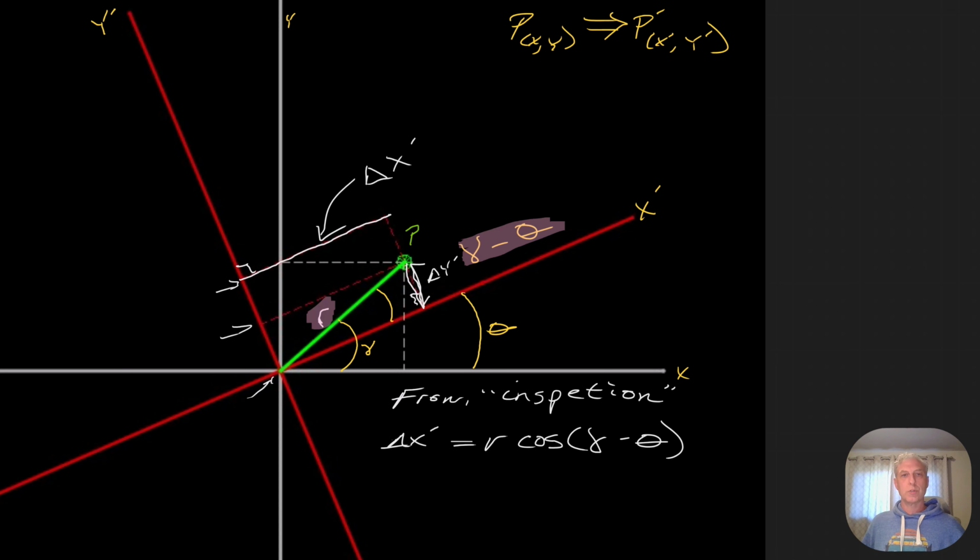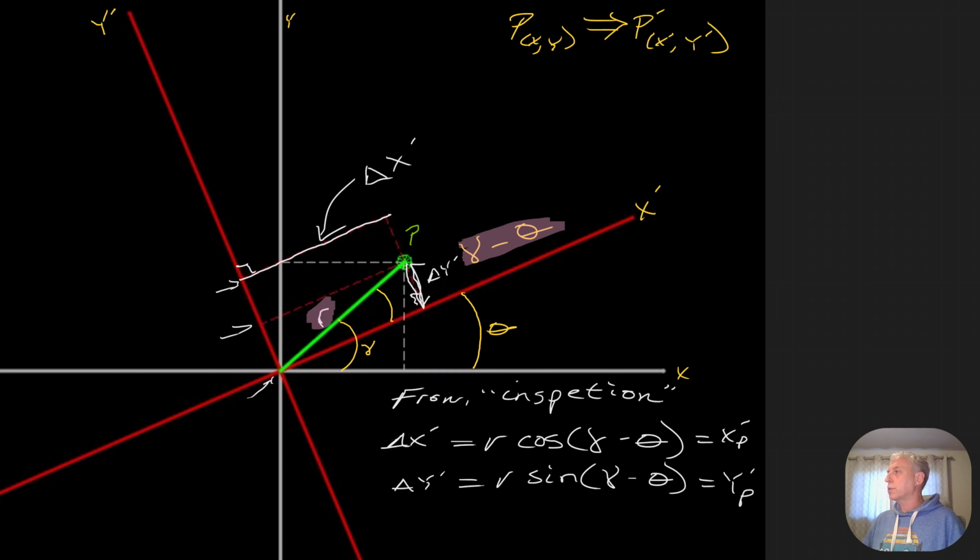We know how much we're rotating. We know theta, how much we're rotating the frame by, and we know gamma because that was part of our initial observation. And then delta y prime, similarly, is equal to r sine(gamma minus theta). Okay, cool. Since we started at 0, 0, in this case, that's going to equal the x prime of my point P, and the y prime of my point.